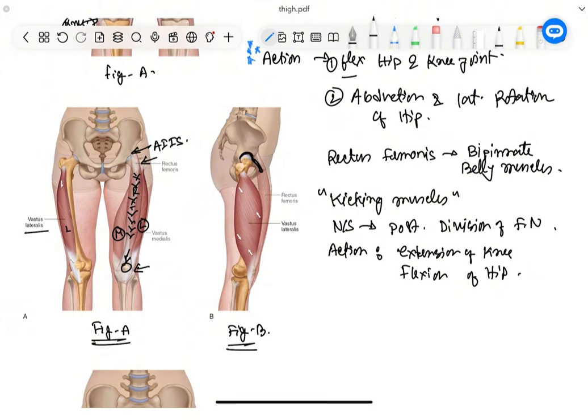Now, let us describe the remaining muscles of the quadriceps. First, the vastus lateralis. I am writing it here in shortcut. The vastus lateralis takes a linear origin from the lateral aspect of the intertrochanteric line.